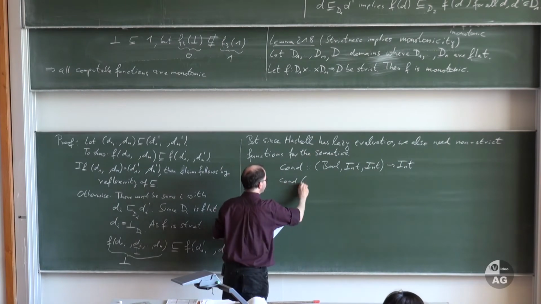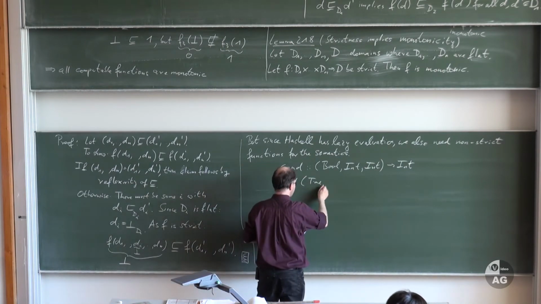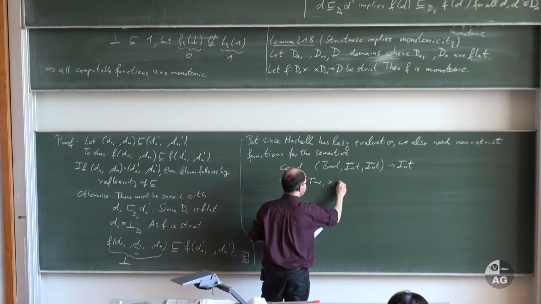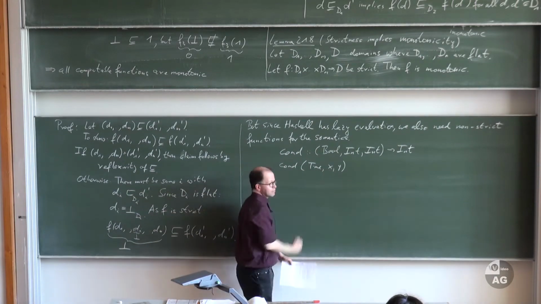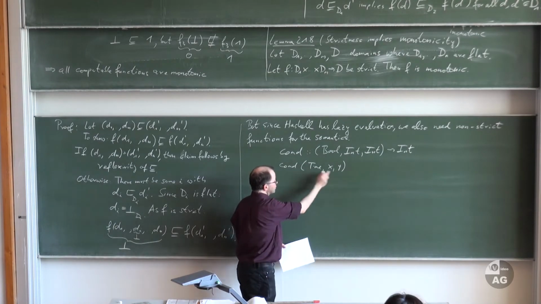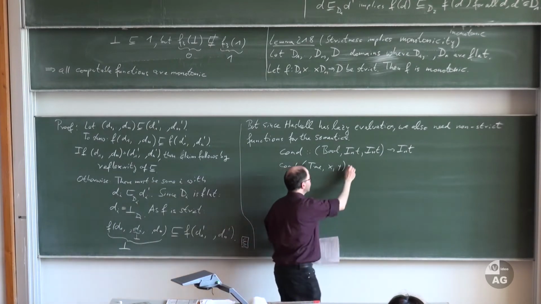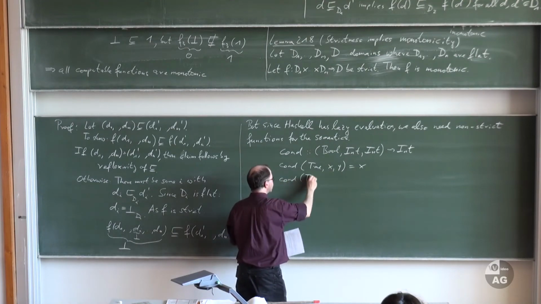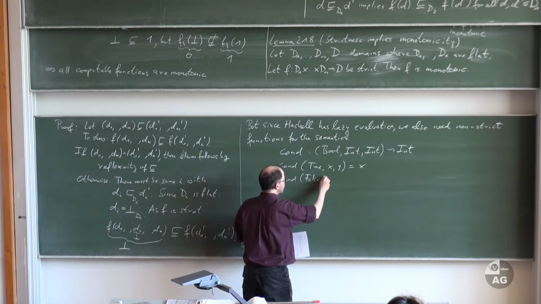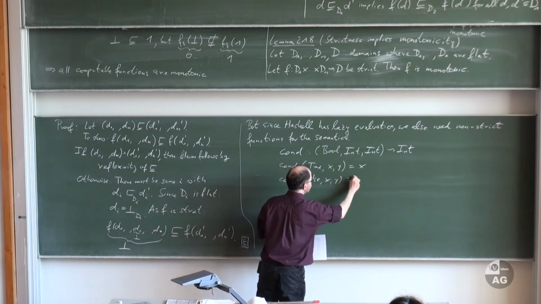So cont of true and x and y. So if the first argument is true, it returns the second argument, and if the first argument is false, it returns the third argument. So this returns x, whereas if it's false, then we return y.